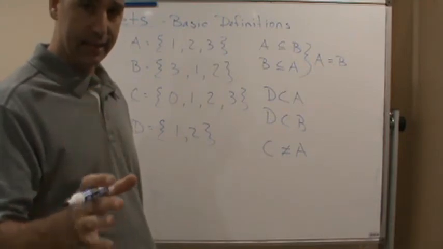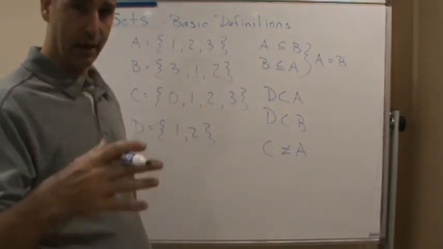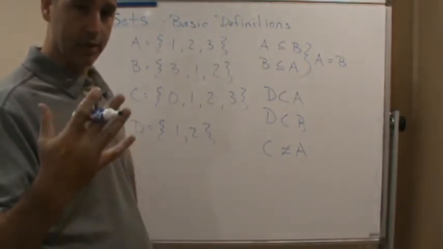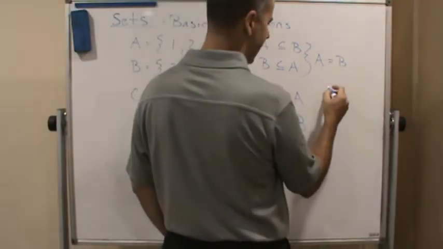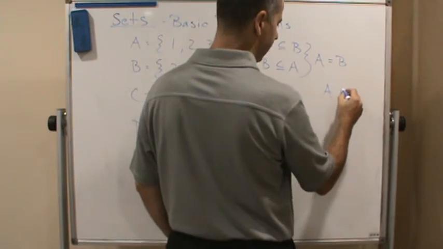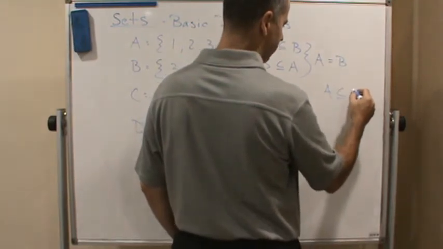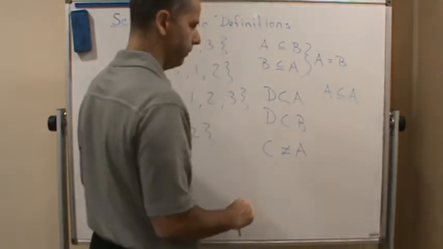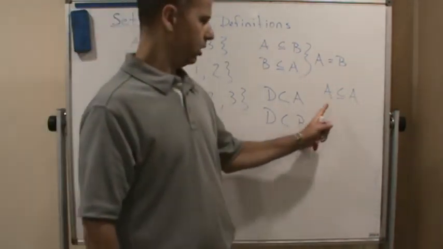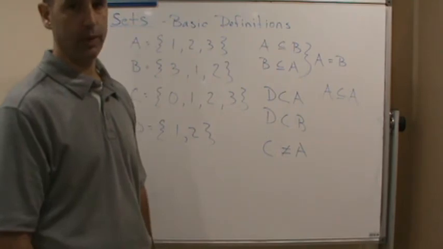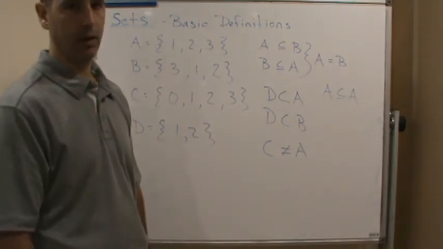A set is always a subset of itself. Because if we allow for equals, we can always say A is a subset of A. Not a proper subset, but a subset. So this is always true.